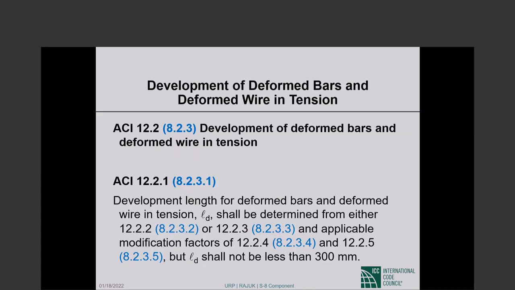The plain versus deformed I didn't bring up in our basic discussion. Plain bars is where we started. Plain bars have very little bond with concrete, because the only bond is by adhesion and basically friction between the bar and the concrete, where there is some rust or whatever on the reinforcing bar.